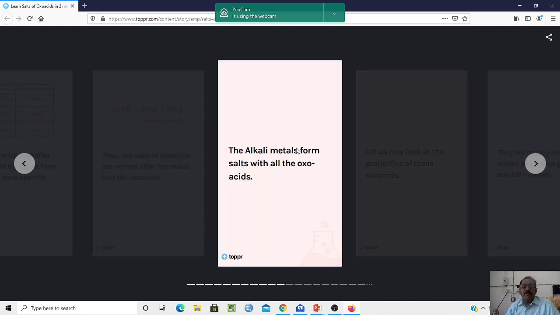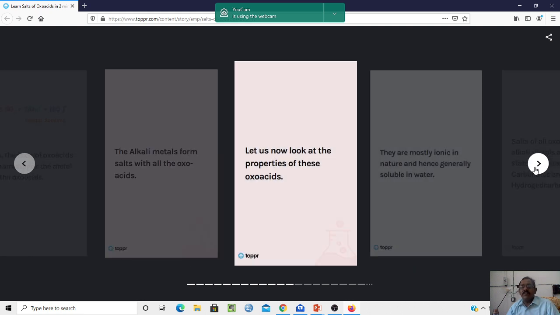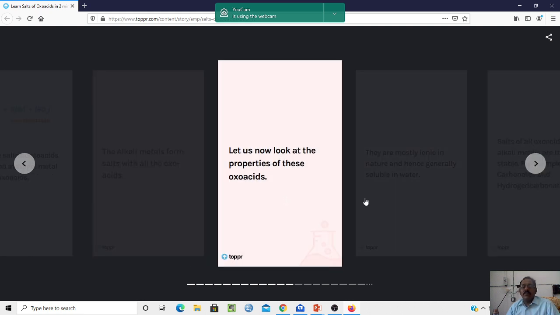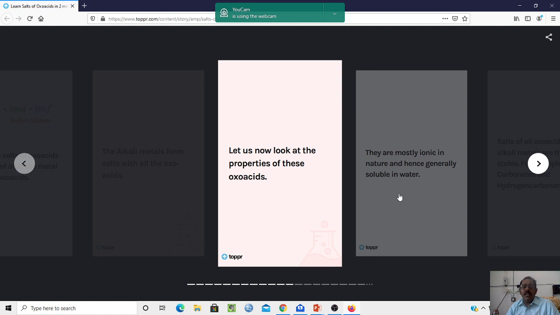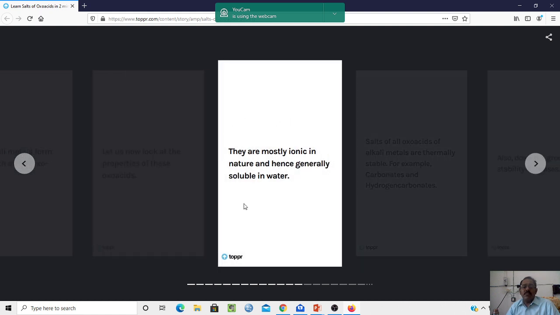The alkali metals form salts with all the oxoacids. See, all the alkali metals, starting from lithium, form salts with oxoacids. Some properties are given on that website. See, these salts are ionic in nature, and you know ionic compounds are soluble in water. Like dissolves like.